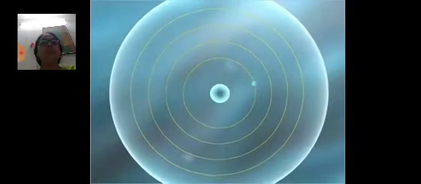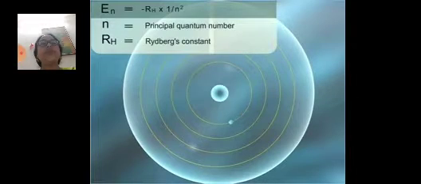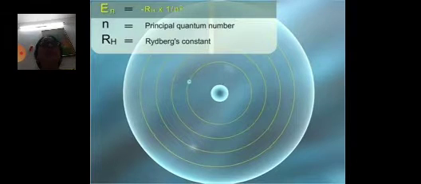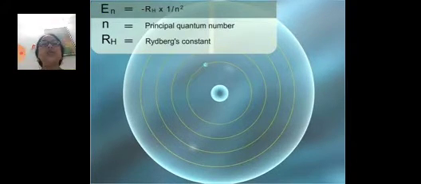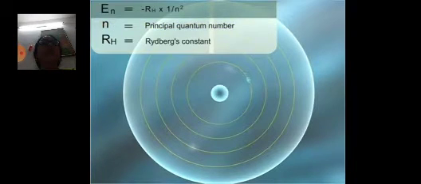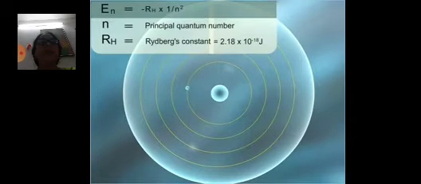The most important property associated with the electron is the energy of its stationary state. It's given by En equals minus RH multiplied by 1 upon n square, where n equals principal quantum number and RH equals Rydberg constant, that is 2.18 into 10 to the power minus 18 joule.